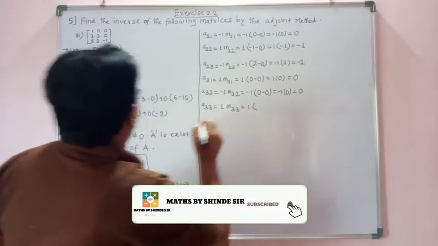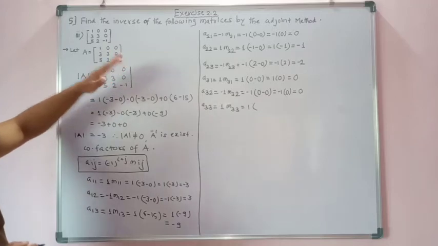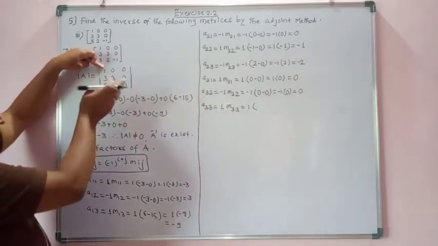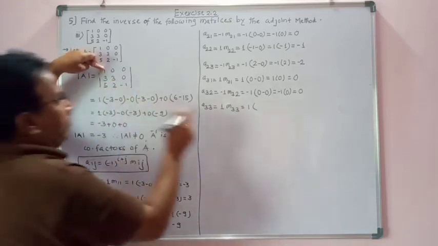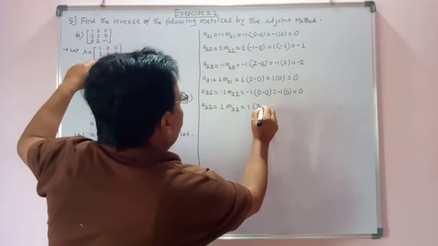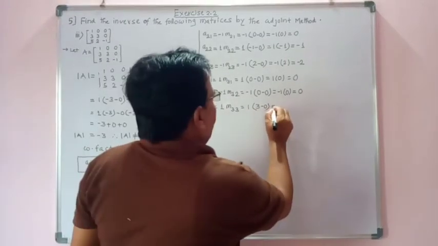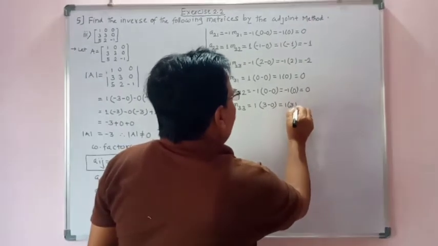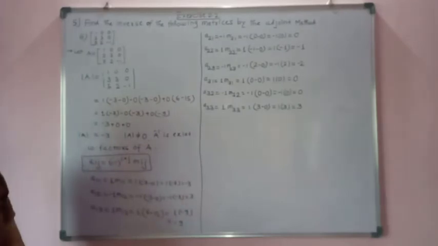Leaving off the third row, third column, there are 4 elements 1, 0, 3, 3. We use the cross product. 1 into 3 is 3 and 3 into 0 is 0. 3 minus 0 is 3. This product is 3.